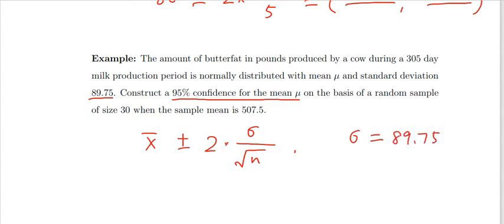We wanted to find a 95% confidence interval. Based on a random sample of size 30, so here n equals 30.